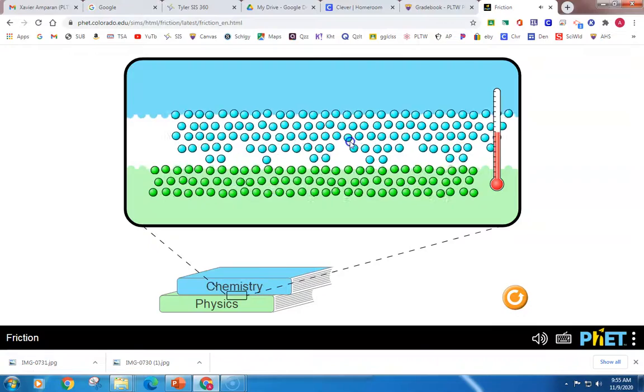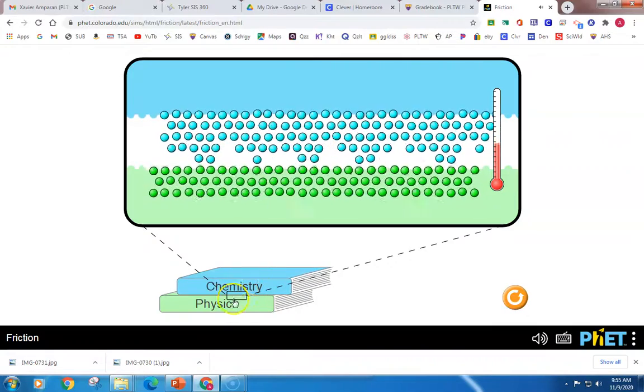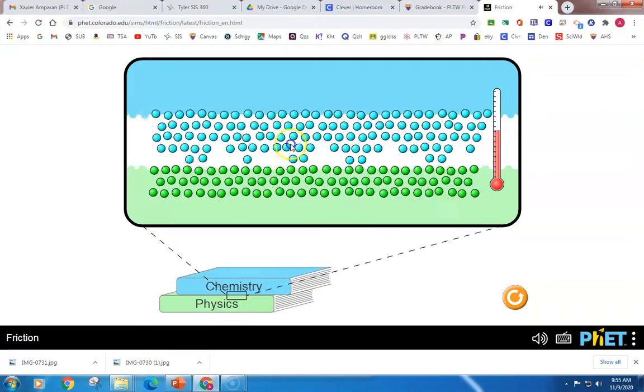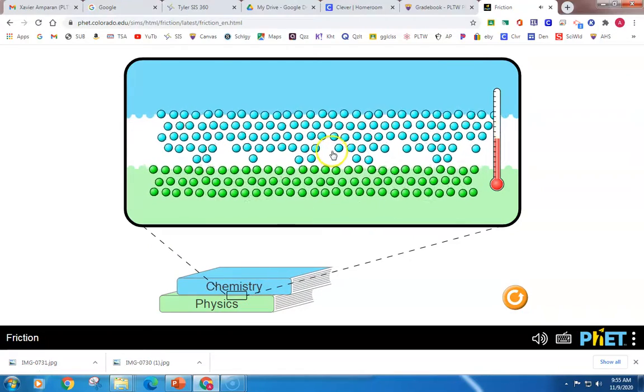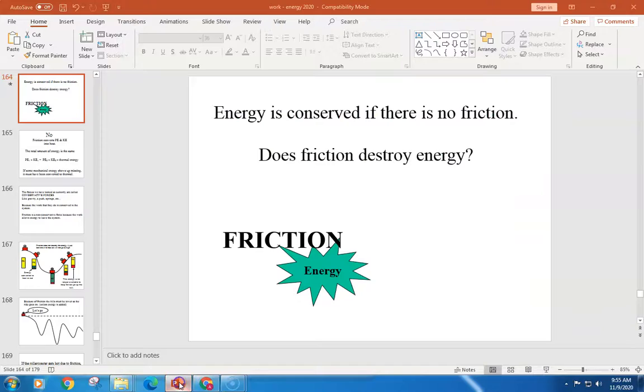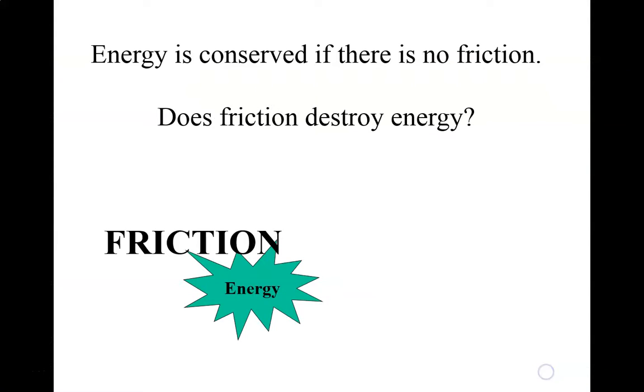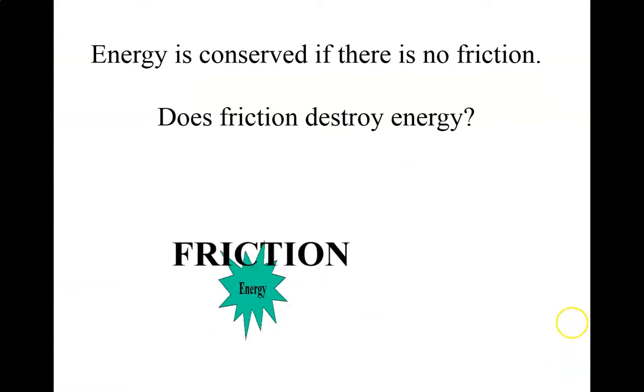And that heat doesn't stay in the book, and these are two books rubbing up against one another. As you see, the atoms start slowing down as they pass their vibrational energy onto other atoms that they're contacting, such as the air. So energy is not destroyed if there is heat.